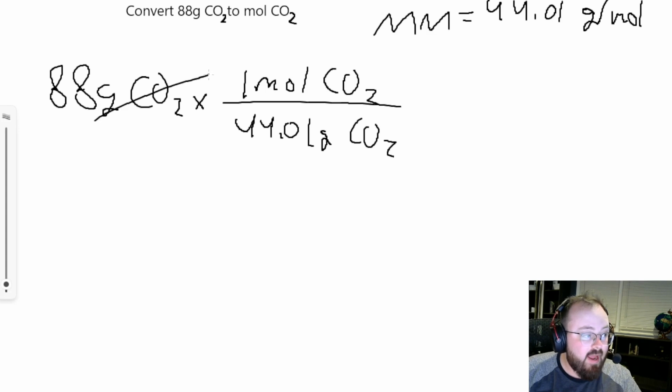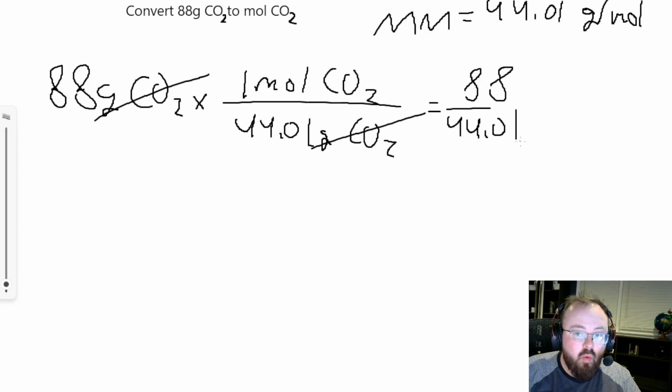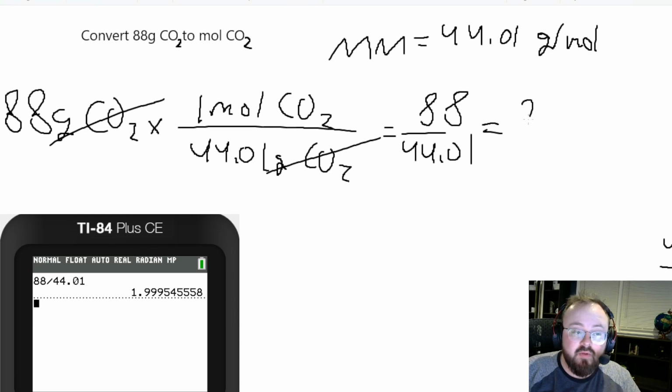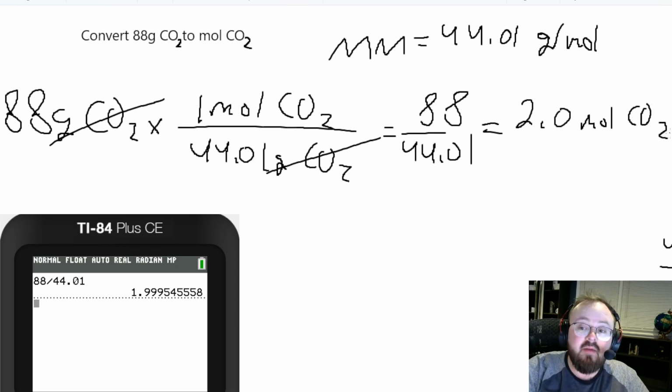Because I have grams of carbon dioxide and grams of carbon dioxide, and we end up with 88 divided by 44.01, which gives me that. We have 2 significant figures, so we are going to round this to 2.0 moles of CO2. Alright, let's take another example where we're going to be having to do some extra type of conversion.